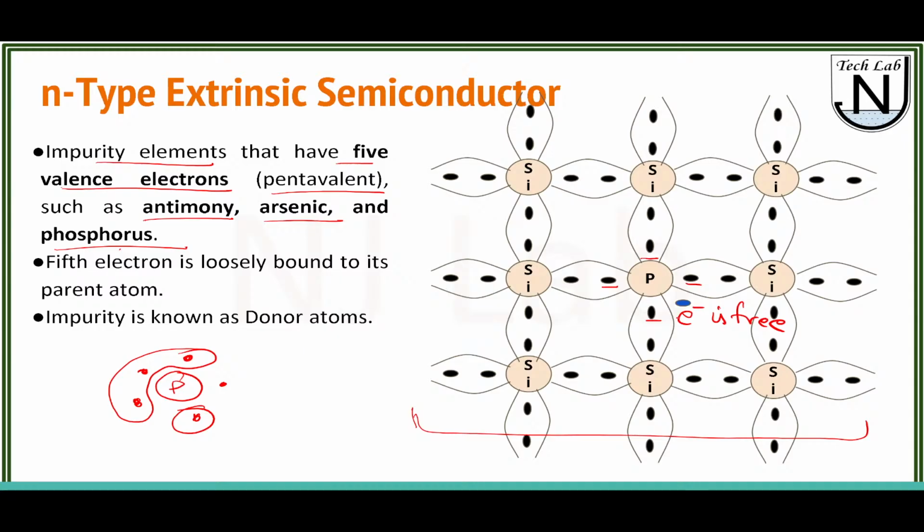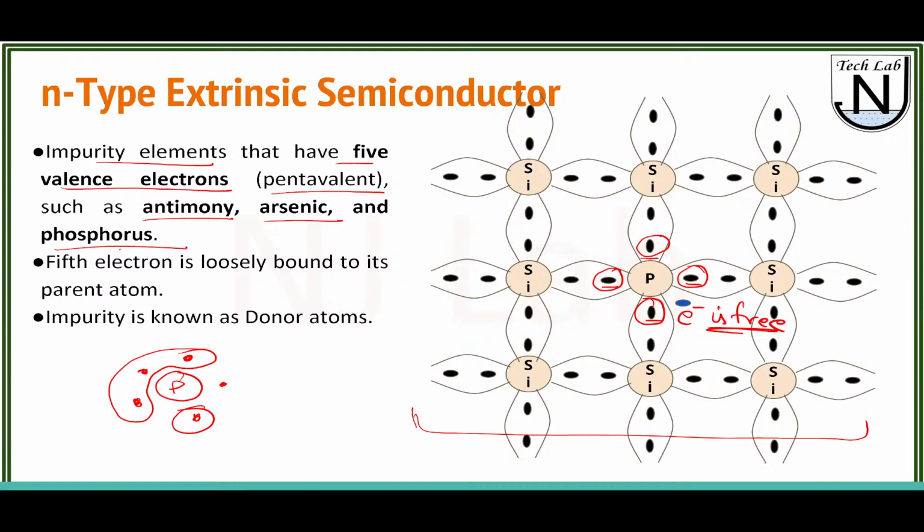The amount of energy required by an electron which is part of a covalent bond is too high in comparison to this free electron, the electron which is not able to form any covalent bonding. So this electron will easily be able to go to the conduction band.